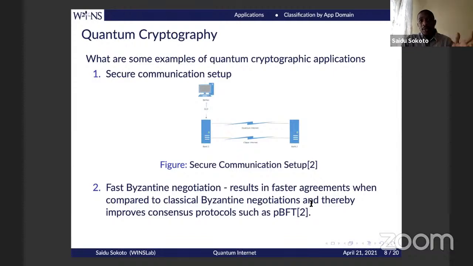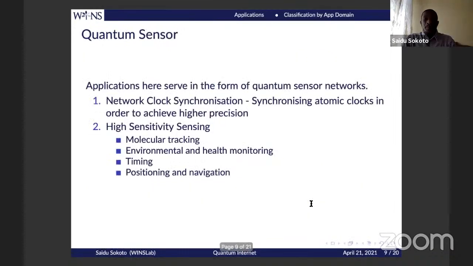So it will reduce the round trip time, resulting in faster agreements when compared to the classical Byzantine negotiation. And this will hopefully result in improvements in consensus protocols such as the practical Byzantine fault tolerance.